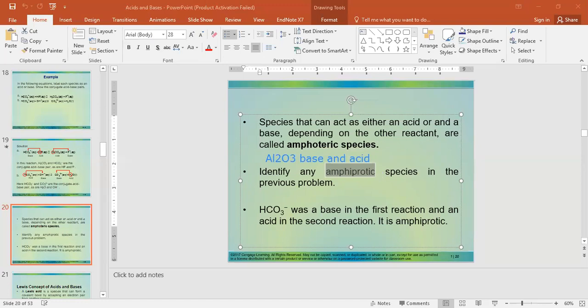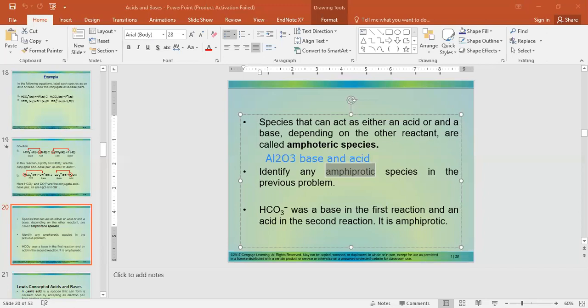Remember, I said amphiprotic refers to the ability to donate or accept protons. Therefore, we can say that all amphiprotic substances are amphoteric, but not all amphoteric substances are amphiprotic.